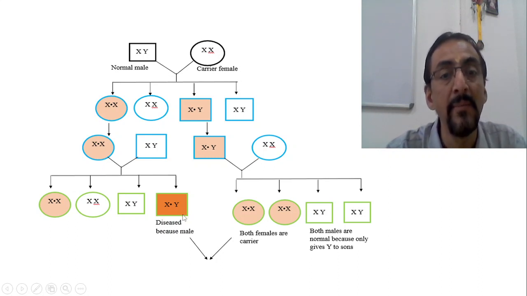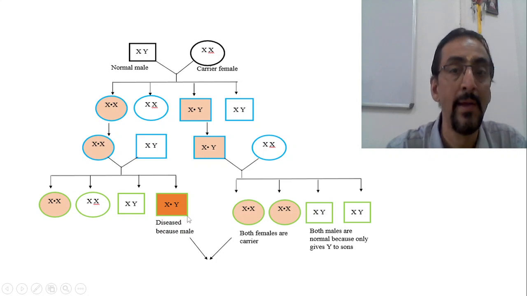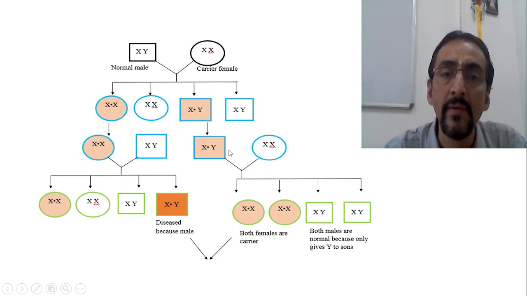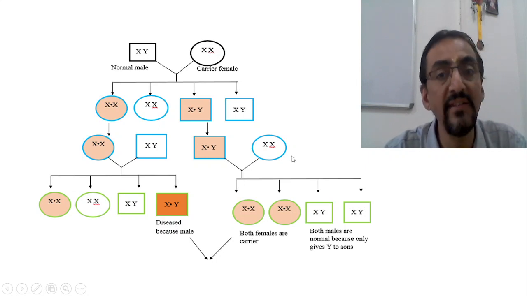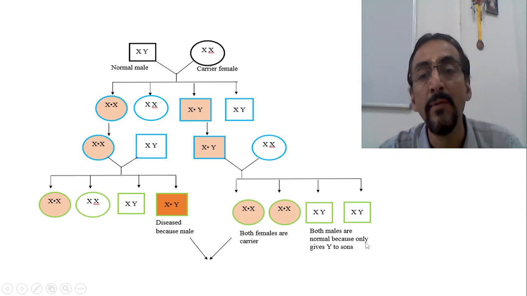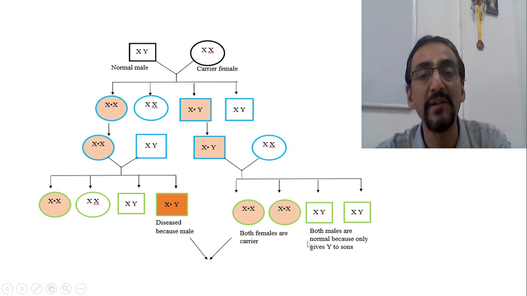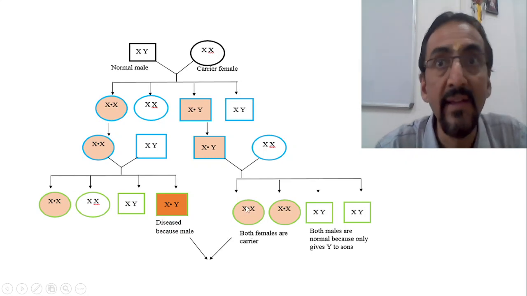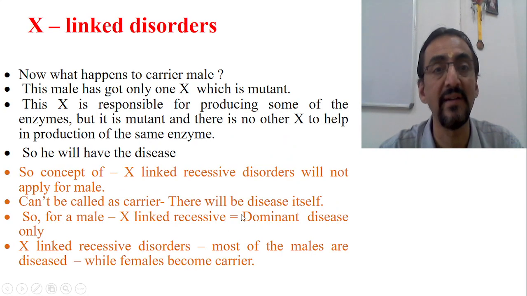Males are more affected. When the father is diseased and is married to a normal female, males are not much affected, females are more affected. This is an important rule as far as X-linked recessive conditions are concerned.